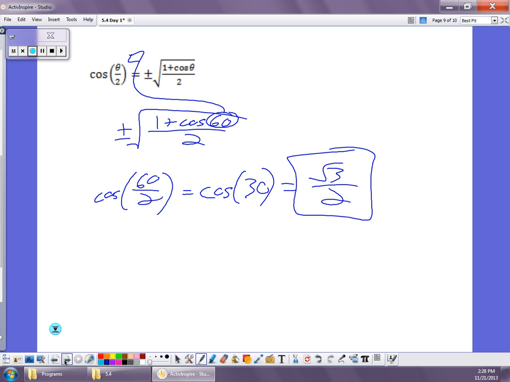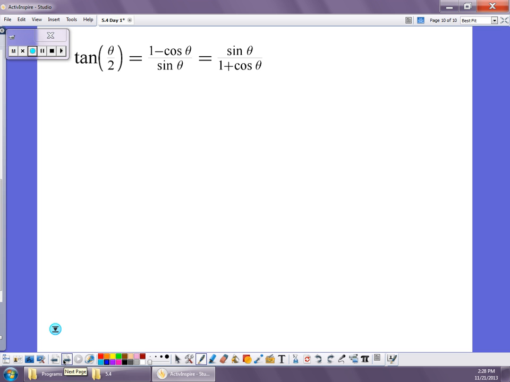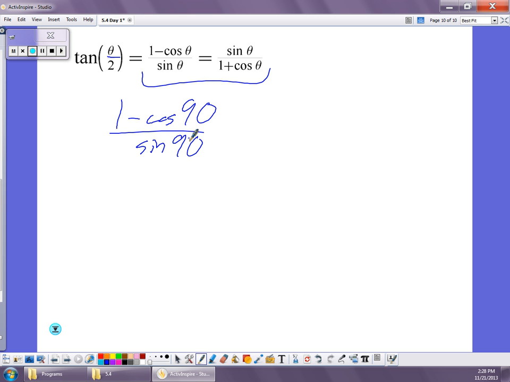So the last one we need to look at is tangent. Notice the half angle for tangent has 2 separate identities, so for either one of those, we go back to our half angle for tangent. So we might see 1 minus cosine 90 over sine 90. This is an example. And if you see, it matches up 100%.